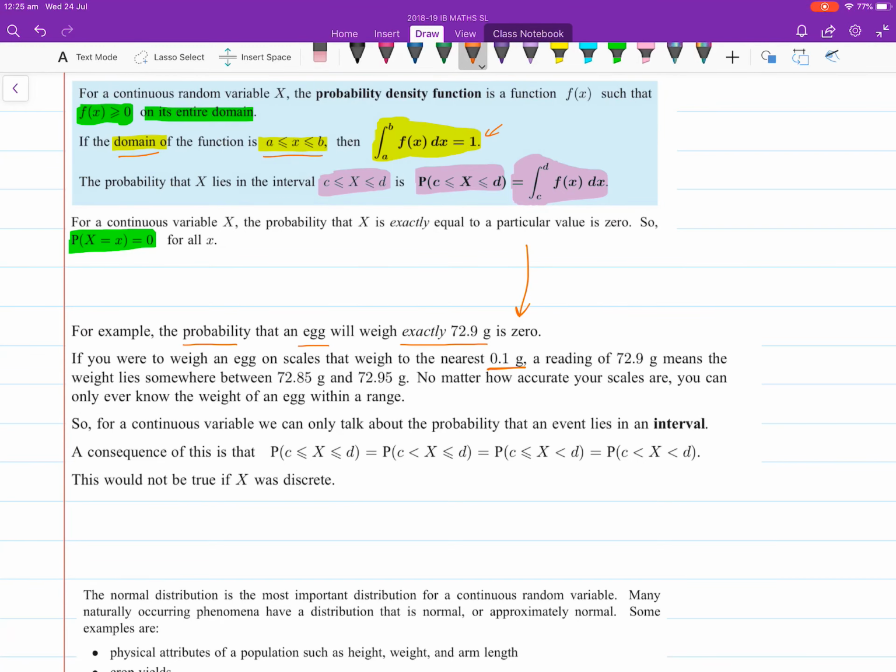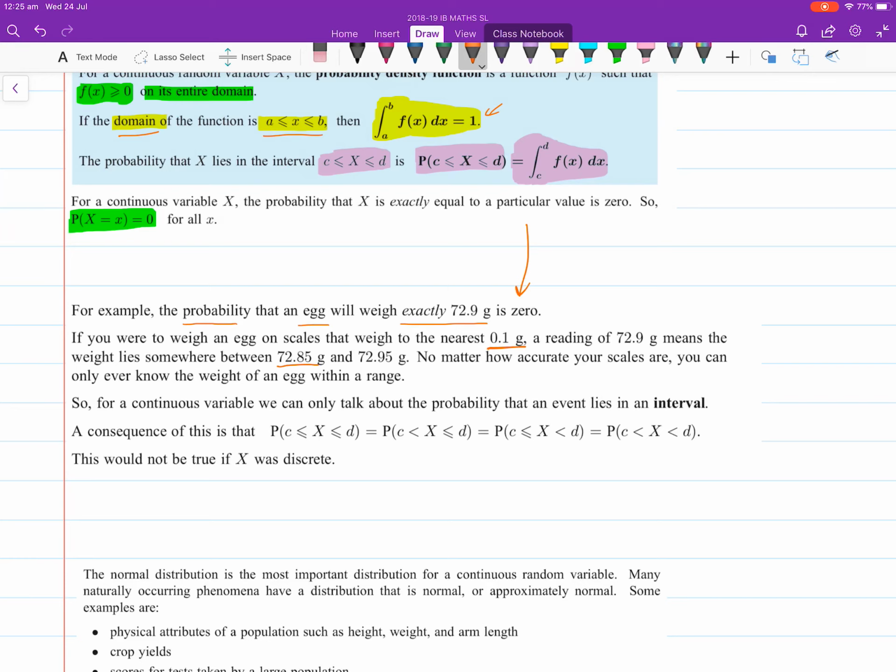Your egg could actually be 72.85 grams. That would still round off to 72.9. Or the egg could actually be 72.95, well, up to that much, but not equaling that much. So it could be between 72.85 grams and 72.95 grams, as it will round to 72.9.